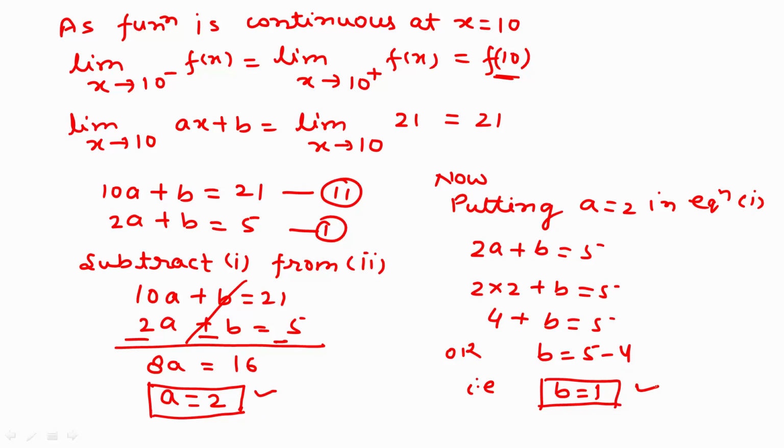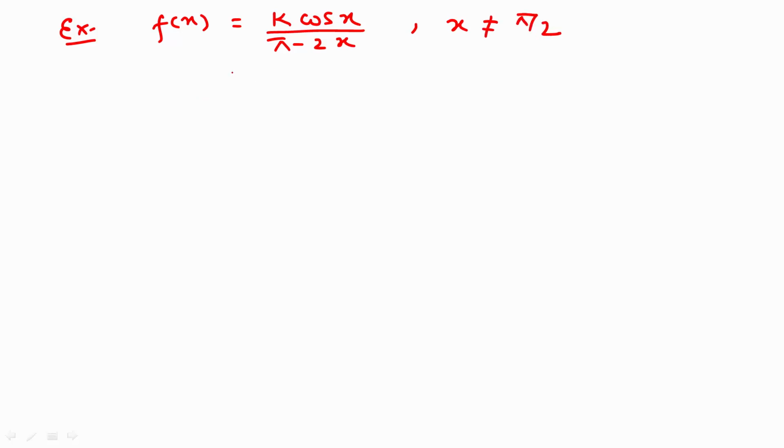Now let's see another different example from the chapter continuity. The example is f(x) is equal to k cos x upon pi minus 2x when x is not equal to pi by 2, and f(x) is equal to 3 when x is equal to pi by 2.